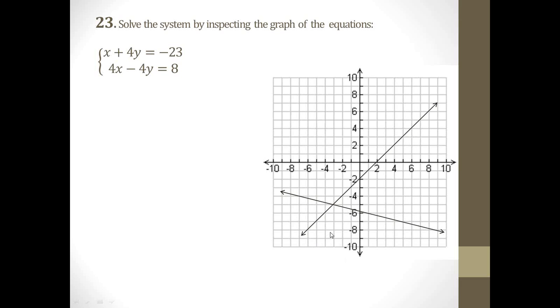Right here. So you will have to find the answer choices, and in your review packet this would be a B. So negative 3, negative 5, which is right here.